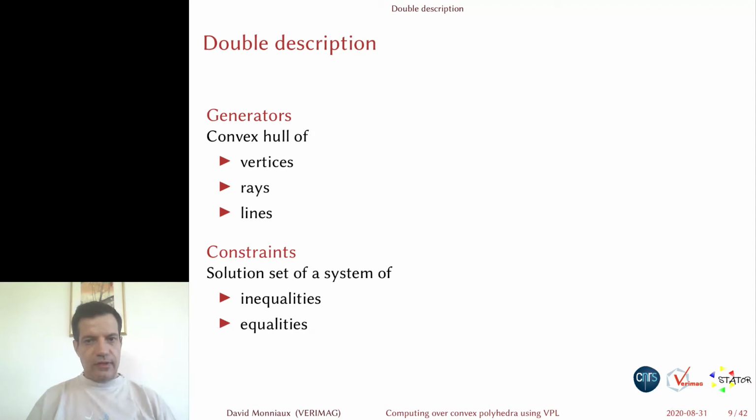These generators are vertices, and for unbounded polyhedra, rays and lines. So you express this polyhedron as a convex hull of these generators. And you keep at the same time the constraints. That is, you express that the polyhedron is the solution set of a system of inequalities and equalities.